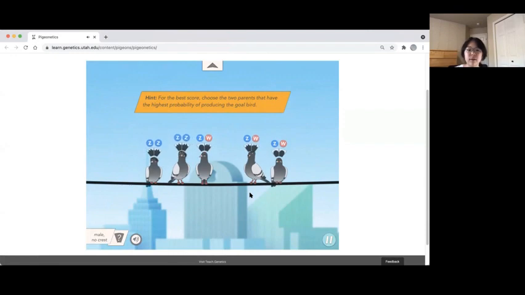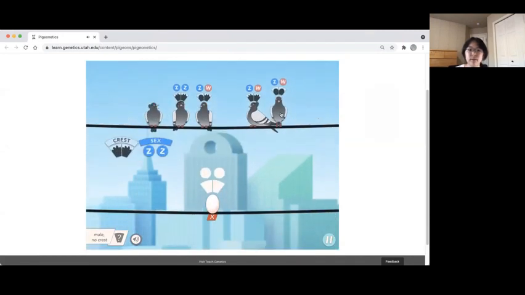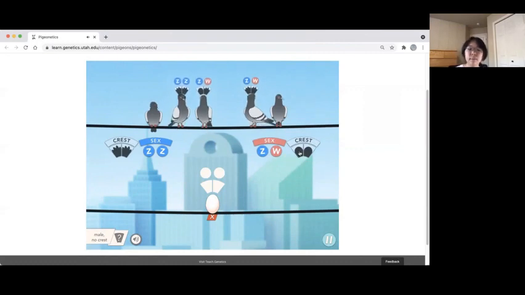Alright, if we were to make a bird with no crest, we will obviously need one mom and one dad. I'm going to select these 2 because the mom has no crest, so that is a greater probability.